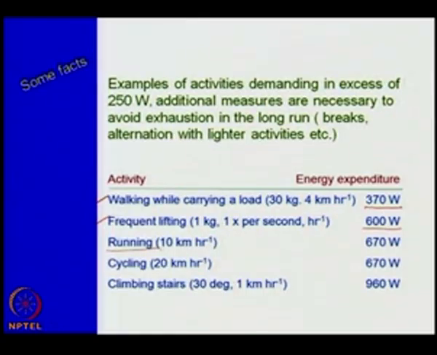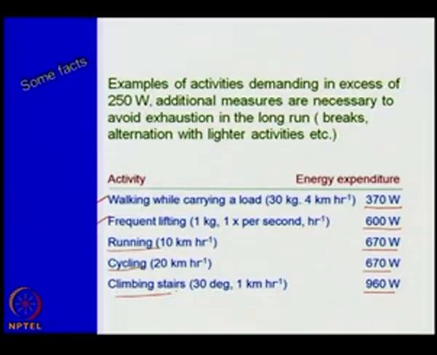Running at a speed of 10 kilometer per hour is 670 watt. Cycling at 20 kilometer per hour is 670 watt. Climbing stairs, at a 30-degree stair angle, 1 kilometer per hour, is 960 watt.